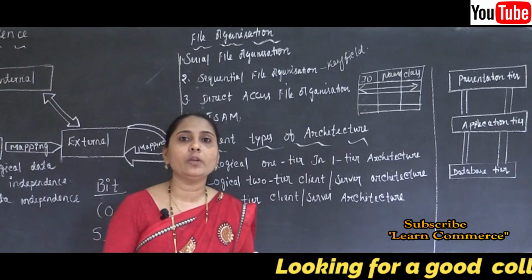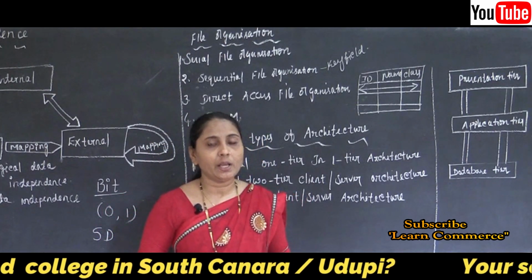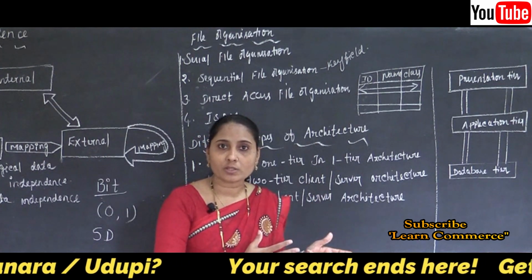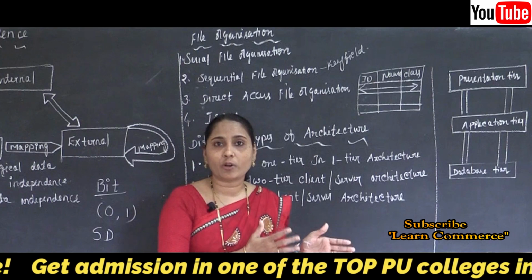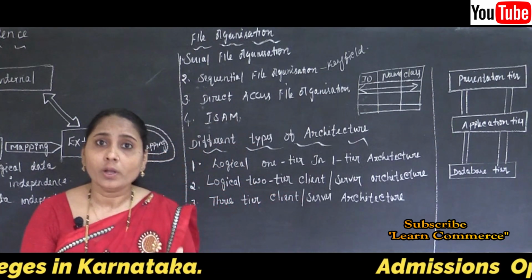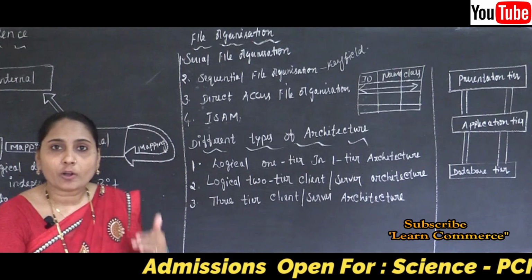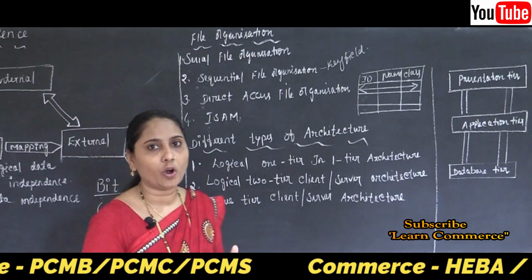Now what about no particular order? Why? Because we know that a file is used to store the records, to store the database. Database means we arrange the information using records. So here we can say that the records are arranged one after another, but in no particular order.